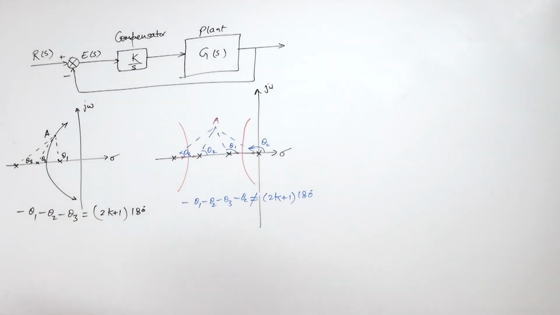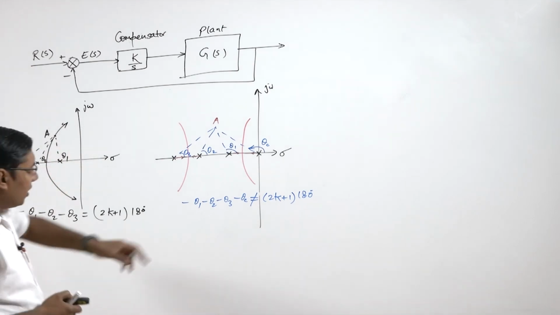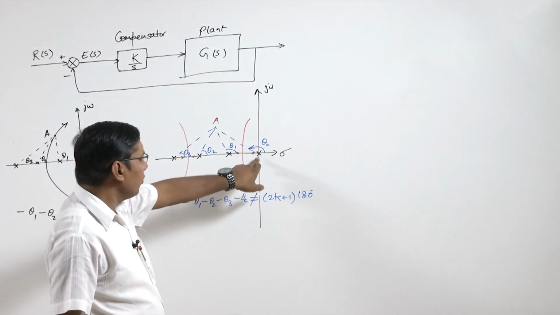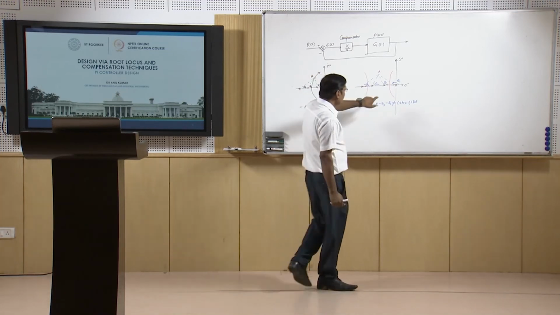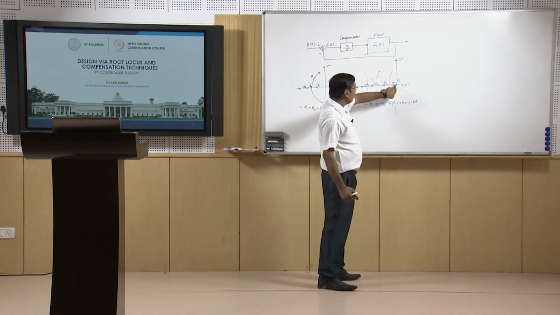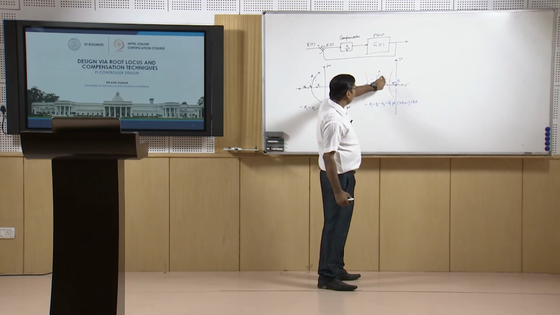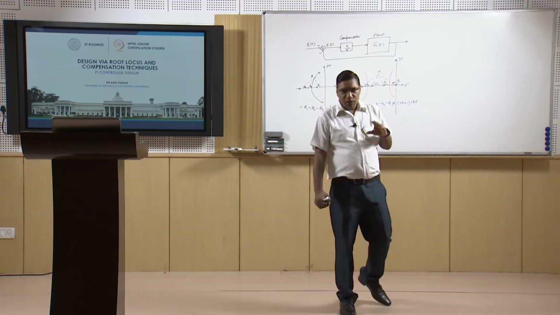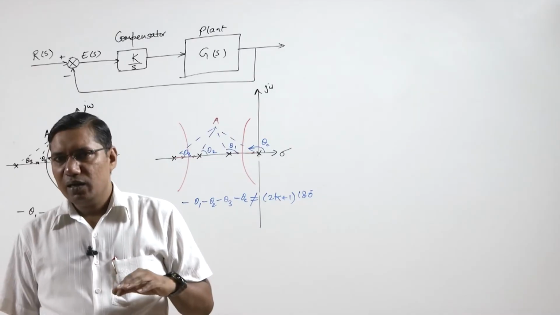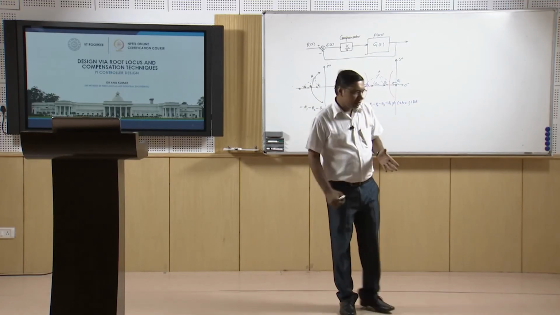So, what can we do now? This additional angle that is made due to the addition of this pole, if we add a 0 close to this pole, this angle will also be made almost equal and of opposite sign. So, this will be cancelled.